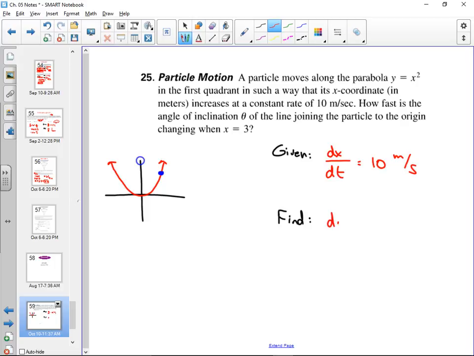That's the angle of inclination, theta, of the line joining the particle to the origin. So we have theta equals angle of inclination.